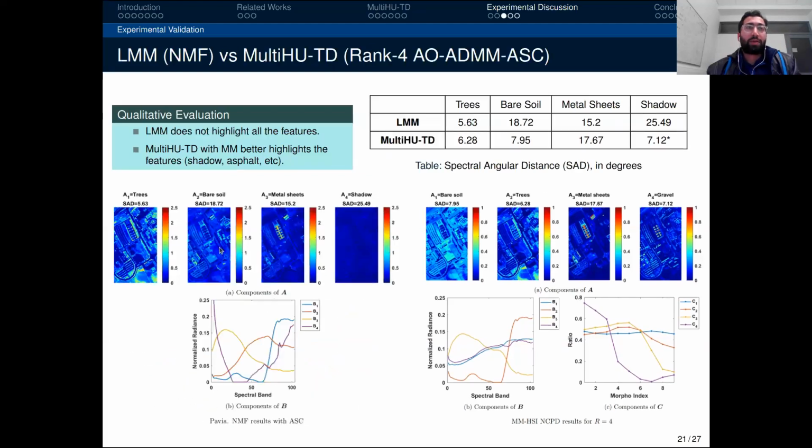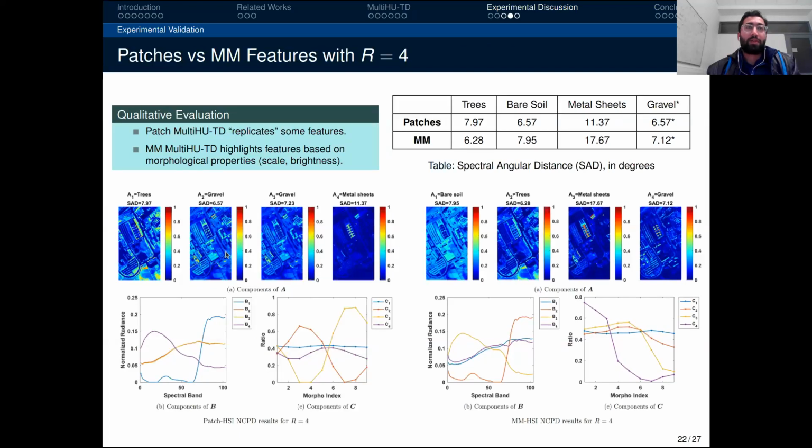We also see the same bare soil component and the same metal sheets component. But one thing that is remarkable here is that there are two components that are the same, even visually and spectrally. In the third matrix, the surprise is that it equates each other.